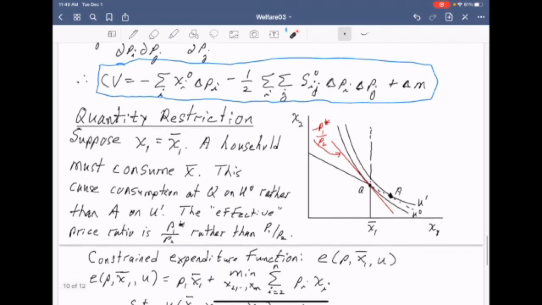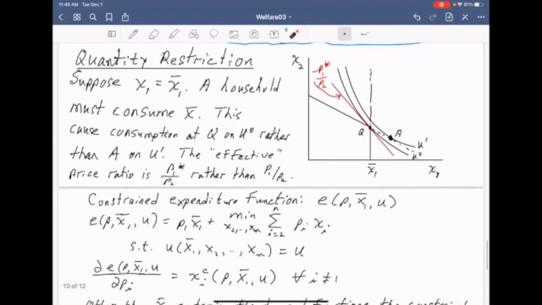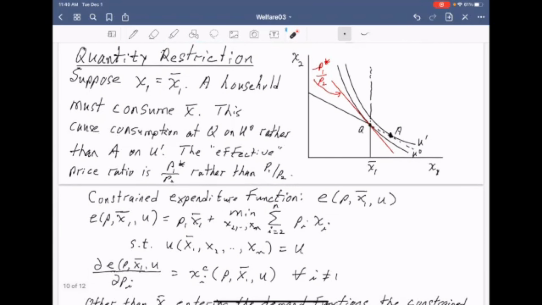Now, one wrench that gets thrown in here is if we have a quantity restriction. Suppose the government imposes some kind of a quantity restriction, so that x1 is restricted at x1 bar, and a household must consume that amount. This causes consumption at Q on the utility curve U0.